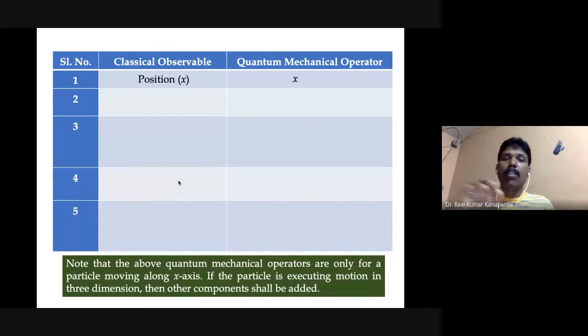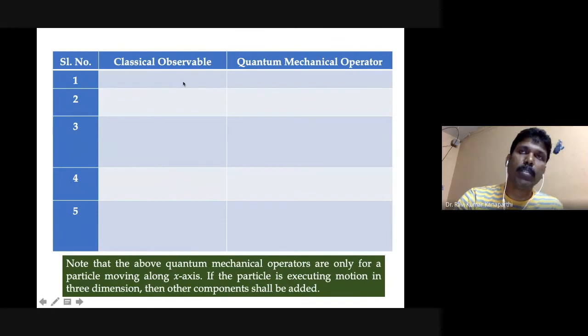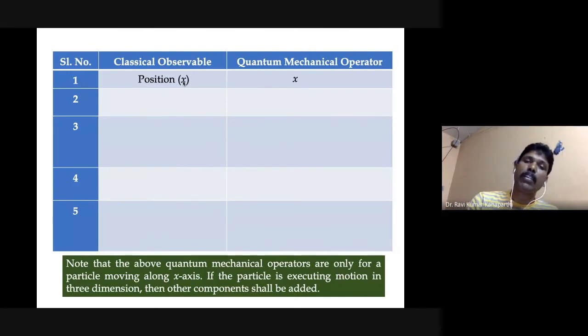So according to the second postulate, wherever you see x, to get the quantum mechanical operator you just write down the same x. You need not do anything.